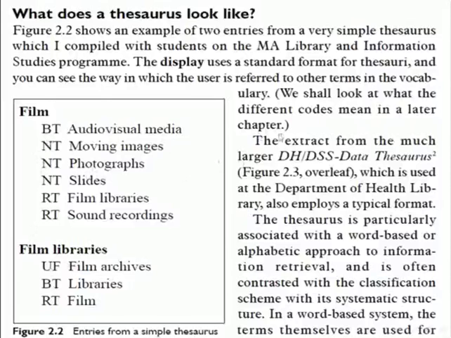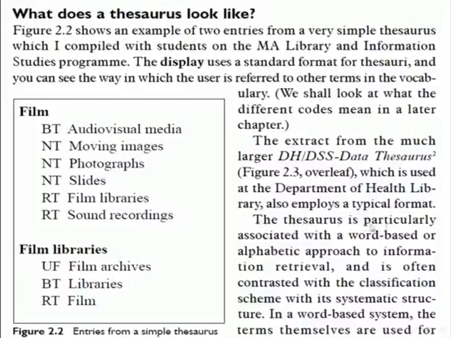The extract from the much longer DH or DSS data thesaurus 2, you find in figure 2.3 later overleaf, which is used at the Department of Health Library, also employs a typical format.